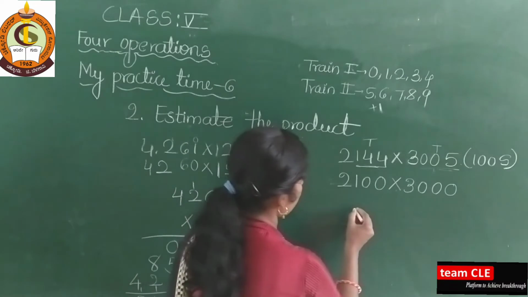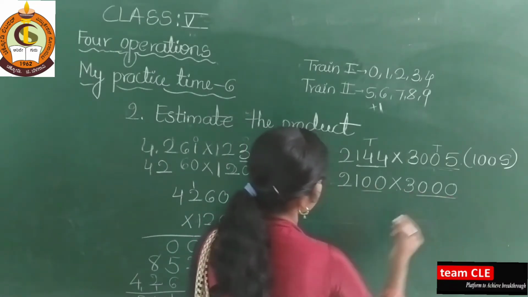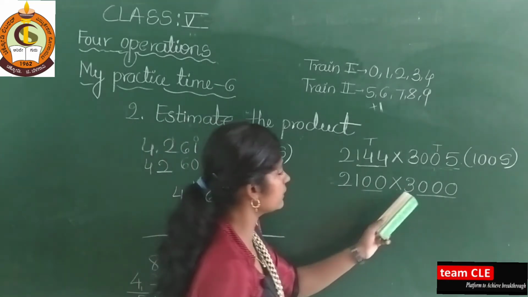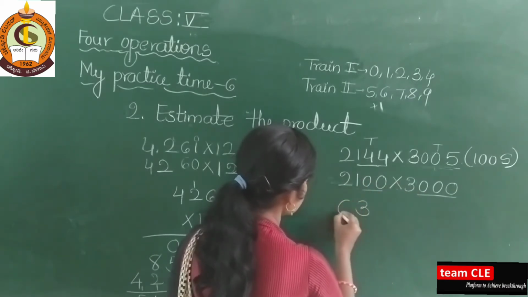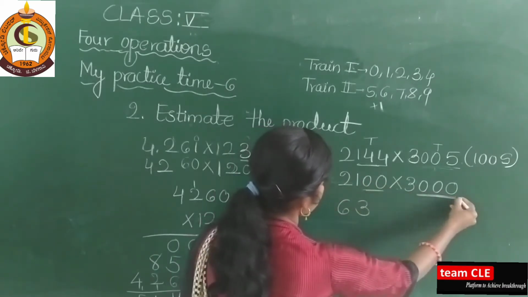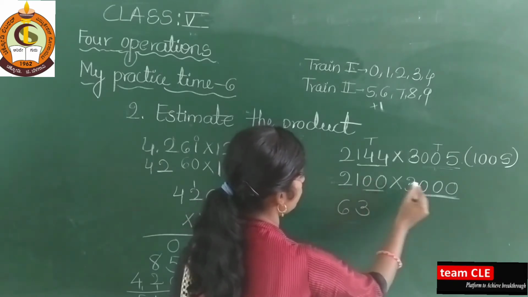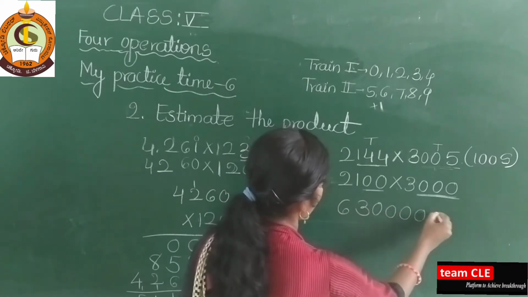So let us multiply these digits. If in case there are zeros at the end, then you multiply 2 1s are 2, 3 2s are 6, and put the last zeros. Count how many zeros there are: 1, 2, 3, 4, 5.